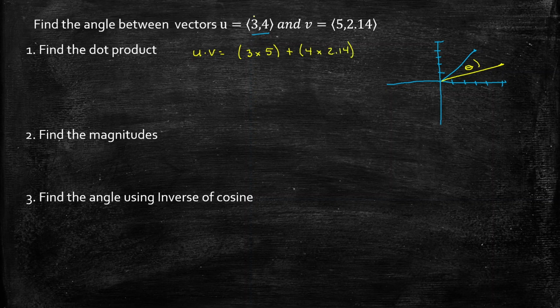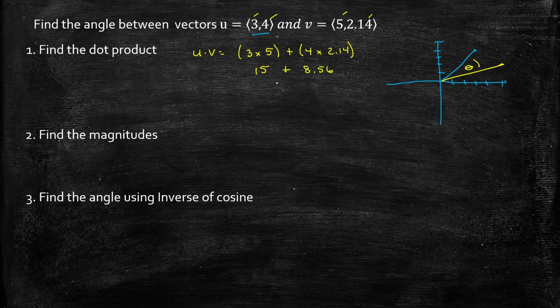Okay, so it's the x's multiplied together, the y's multiplied together, and then you just add them. Okay, so that dot product is going to give me a number value, right? I'm going to get 15 plus, and this looks like it's about 8.56.